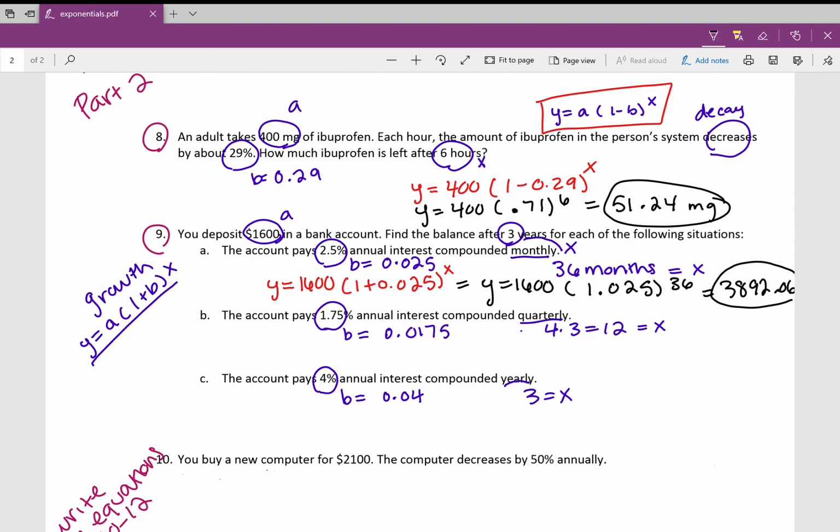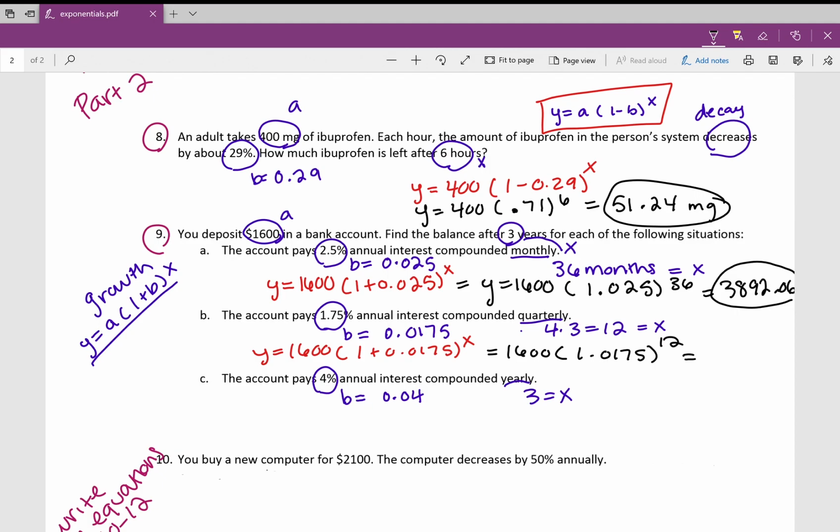Okay, let's check out the next interest rate. So we're going to write our equation for that one. So it's going to be y equals a, which is 1600, 1 plus 0.0175 to the power of x. Remember, that's our equation when we have x and y. And then to solve, we have 1600, 1.0175, because I combine what's inside the parentheses, to the power of 12.